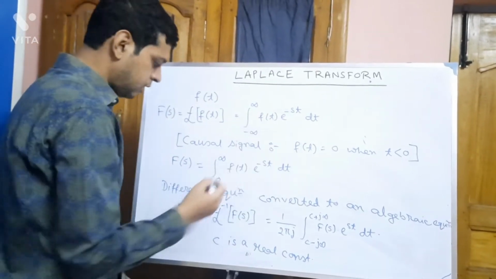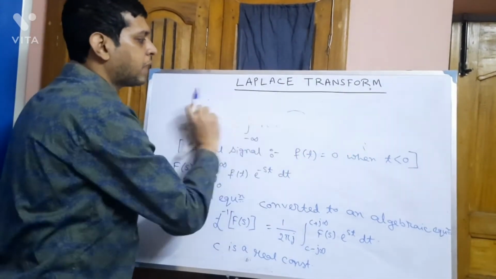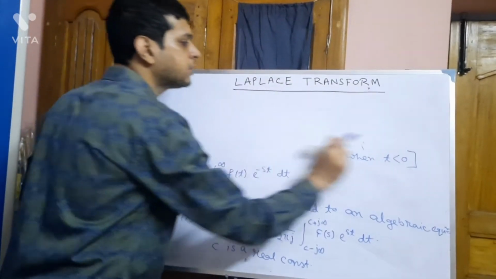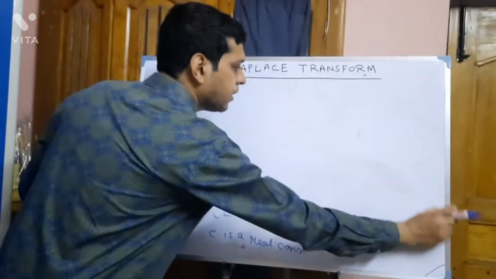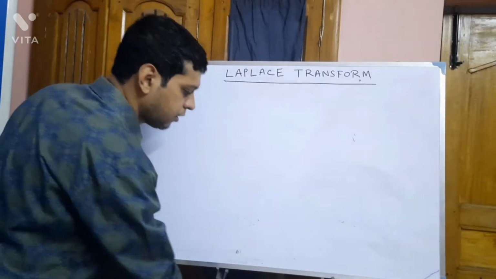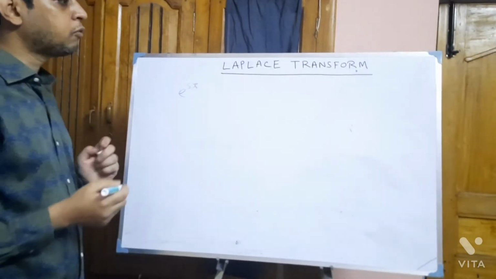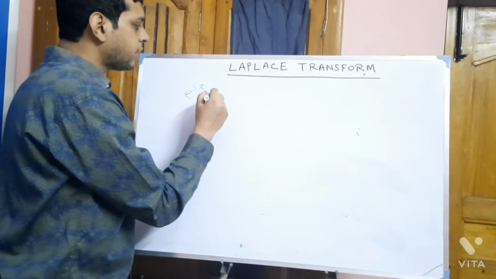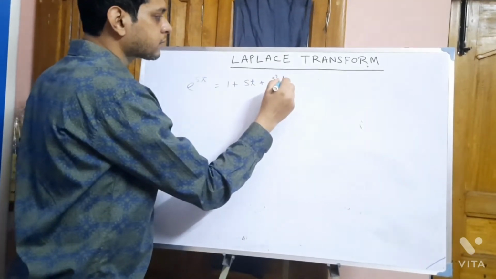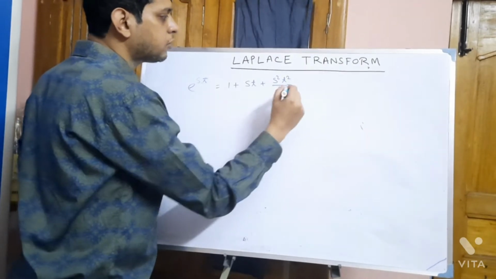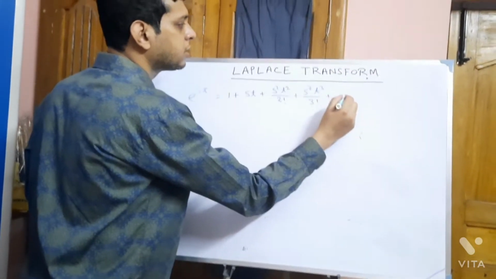Now we will discuss the exponential function first, e to the power minus st or e to the power st. The exponential function is e to the power st. Now from the Maclaurin series we know that e to the power st is equal to 1 plus st plus s squared t squared by factorial 2 plus s cubed t cubed by factorial 3 plus and so on.